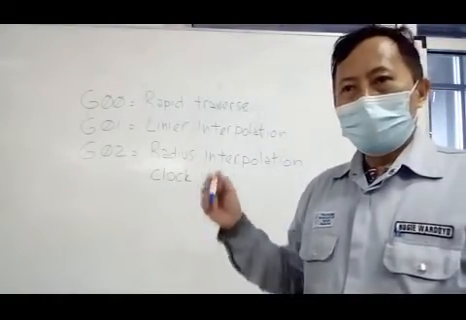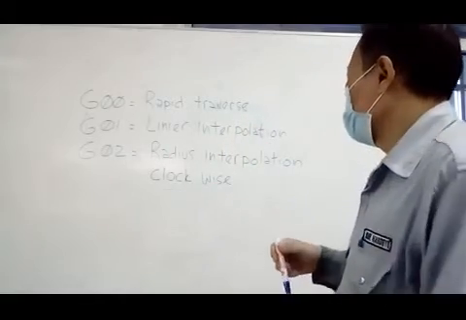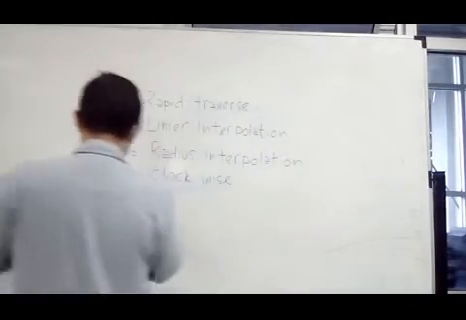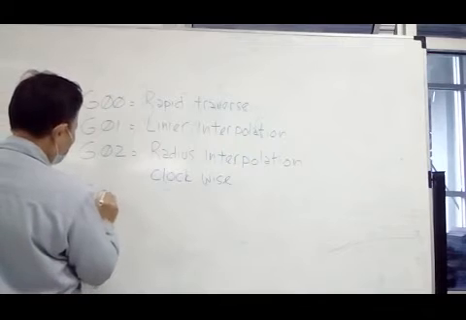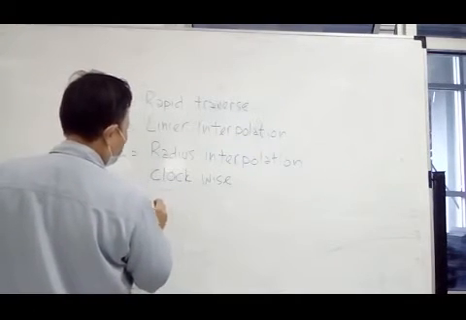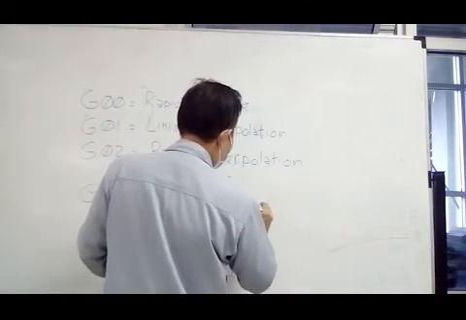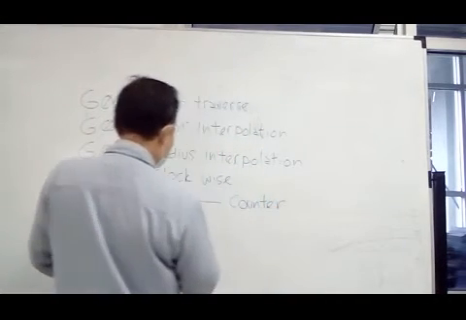G02 is circular interpolation clockwise. And then G03, same with before, but counter clockwise.